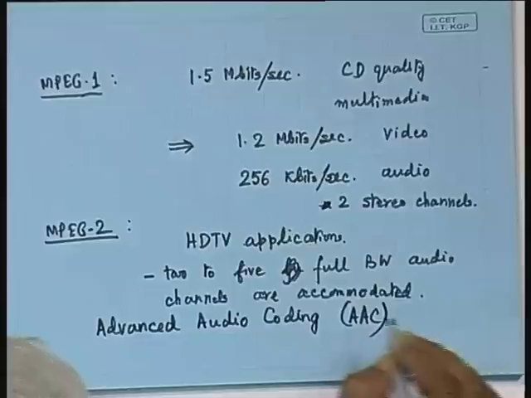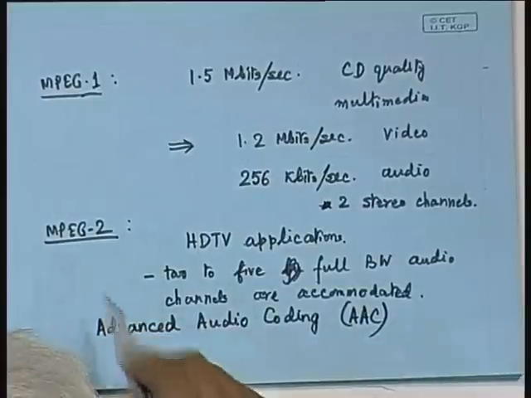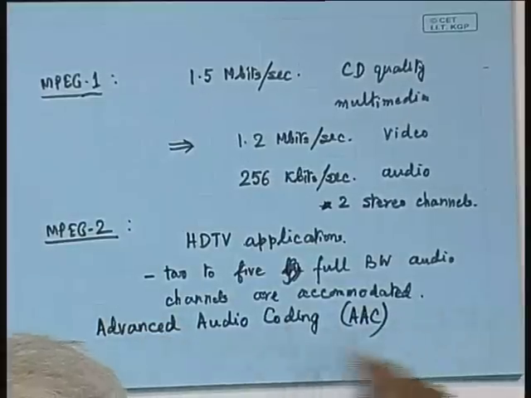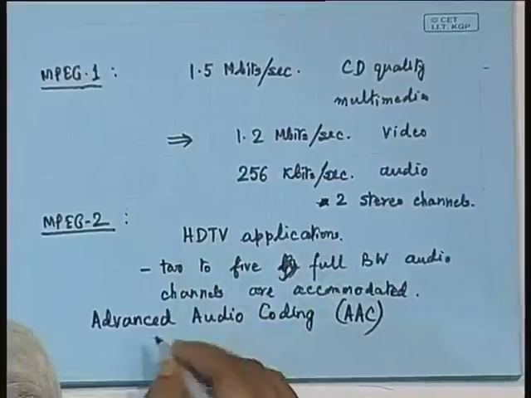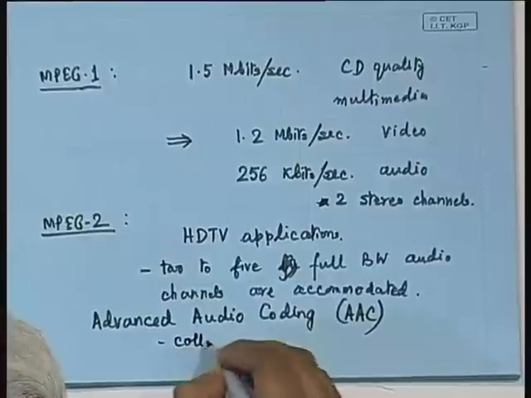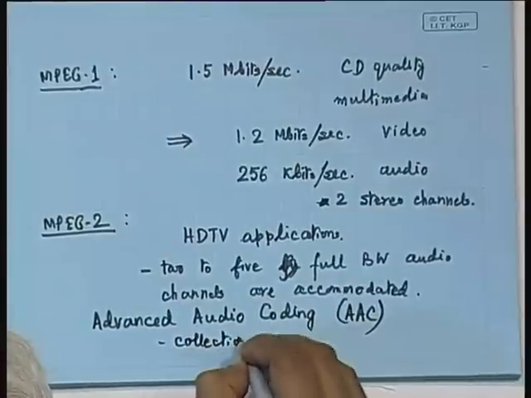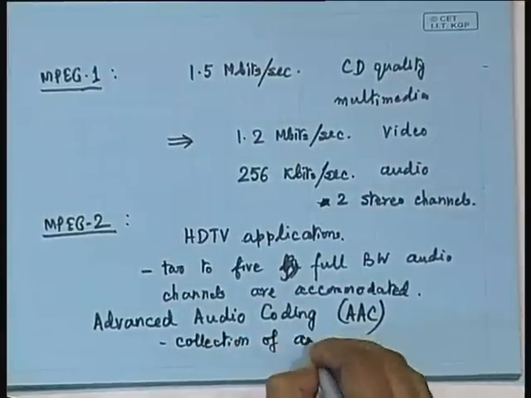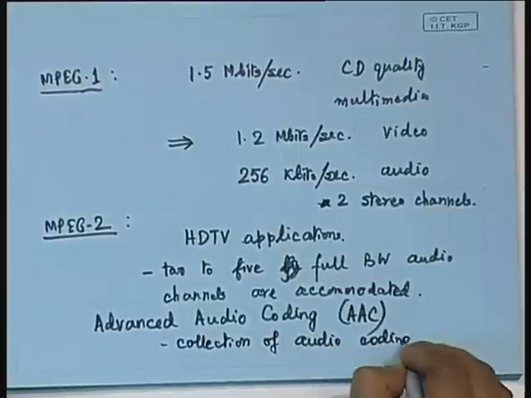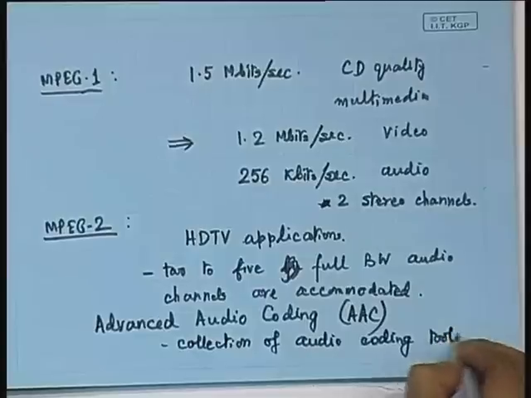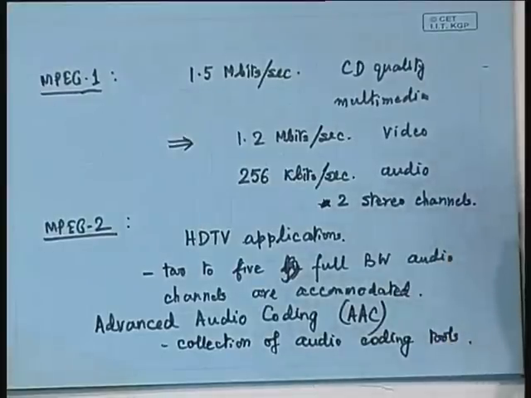Okay. So when you refer to MPEG 2's AAC, the advanced audio coding, this will talk about the collection of audio coding tools that are used. Okay. So this is about MPEG 2.